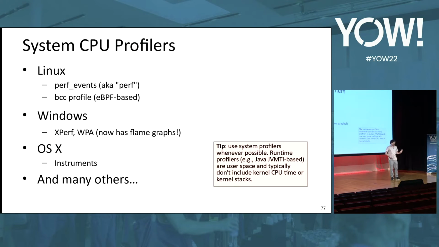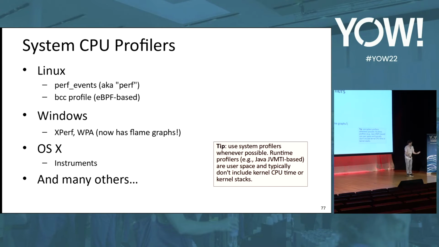Just to mention system CPU profilers, on Linux, perf is the one that comes with Linux, perf events. eBPF is more efficient. It can do kernel aggregations, and there's a tool that I initially wrote, BCC profile, for that. Windows has it in XPerf and WPA, and Visual Studio now. OS X has Instruments, there's ways to do it, and there's many more.